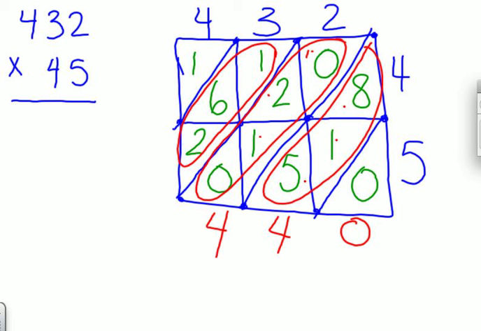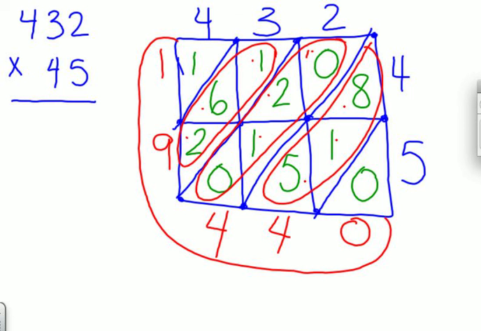Next, moving over to the next column. 2 plus 6 plus 1. And that's 9. And my last column is just the 1. So my answer for 432 times 45 is 19,440.